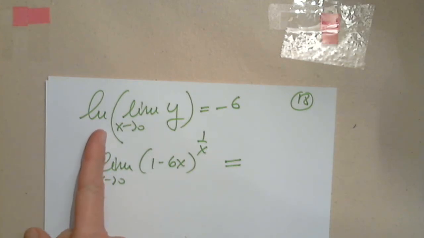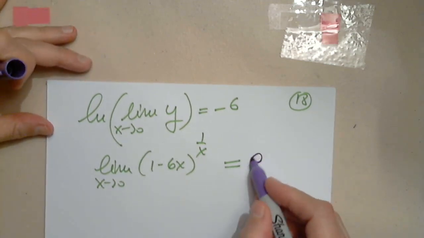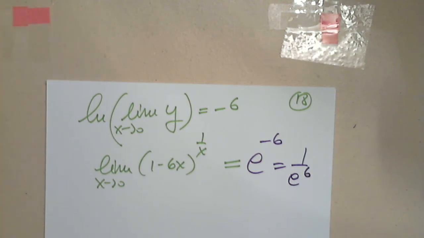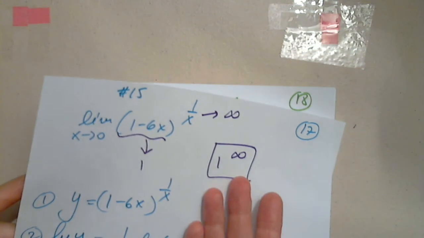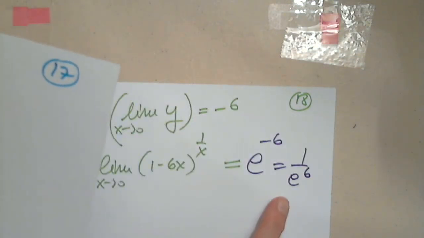What is the base here? The e to the negative 6. Very good. So that's why this is a complete indeterminate case. No one knows what it leads to.